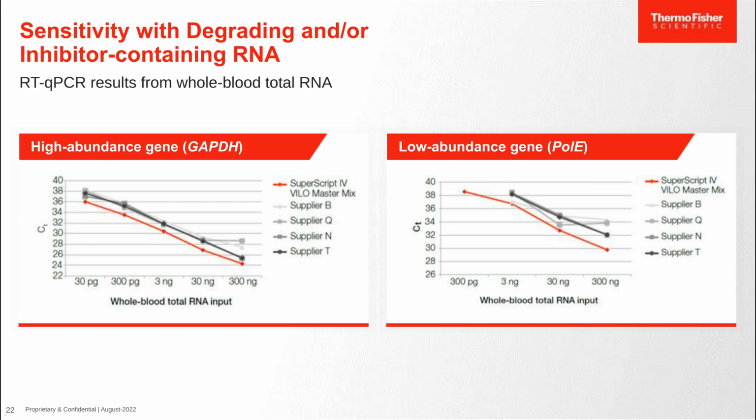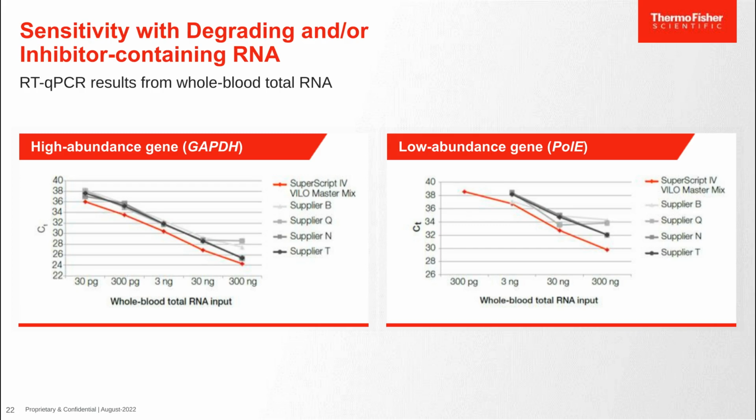When we compared RT-qPCR data from this sample using 5 different cDNA synthesis reagents, we found that all of the reagents used were able to transcribe RNA from the high abundant gene GAPDH, which is shown on the left-hand side. On the right-hand side, however, only one of the 5 reagents was able to transcribe the RNA for POLE, a low abundance gene, from the limited RNA input sample.